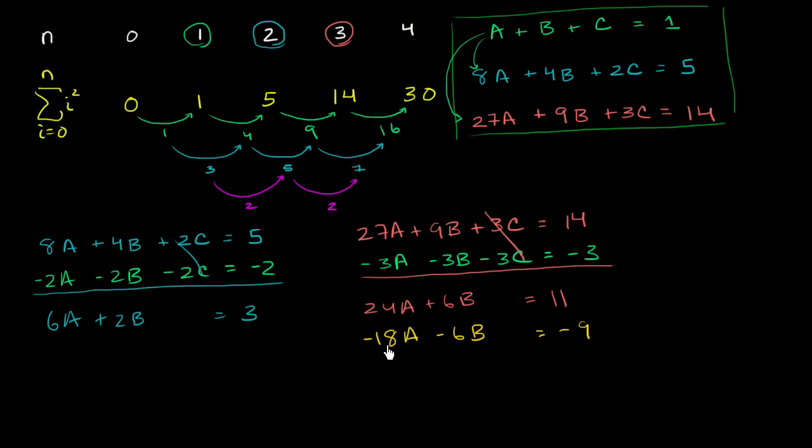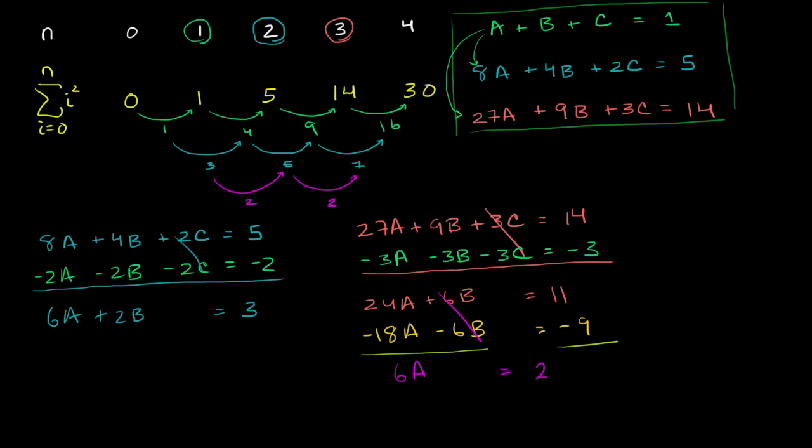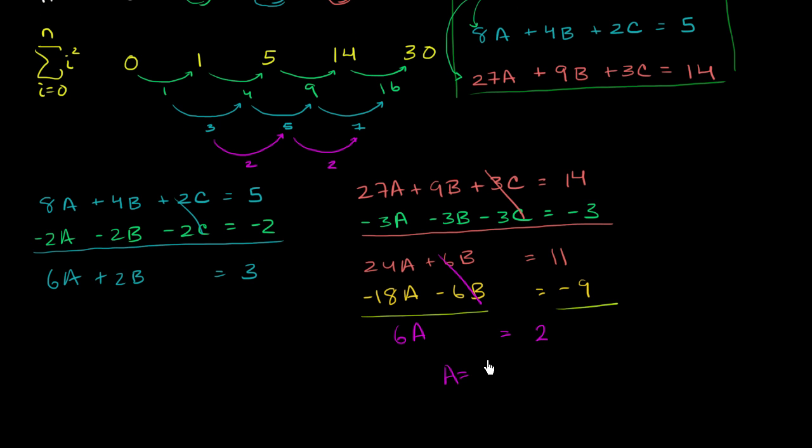And now if we add both sides, on the left-hand side, we have 24A minus 18A is 6A. These cancel. Is equal to 11 minus 9 is 2. Divide both sides by 6. We get A is equal to 2 over 6, which is the same thing as 1 over 3.